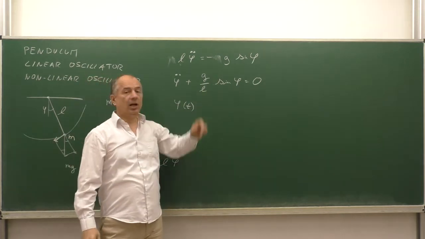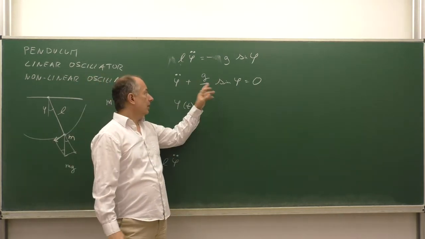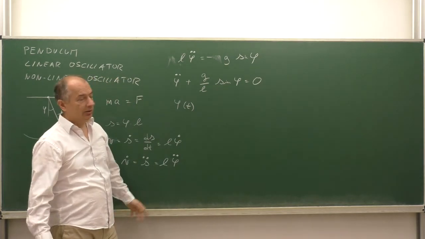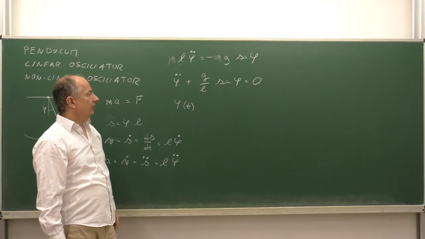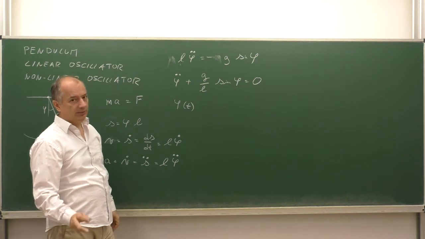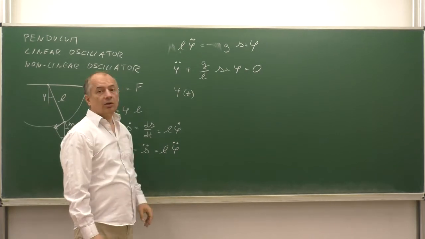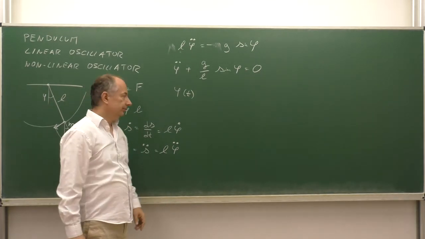But here we have sine. So this equation is nonlinear. Too bad. Nonlinear equations are very difficult to solve, if at all. Sometimes we need a trick called linearization.